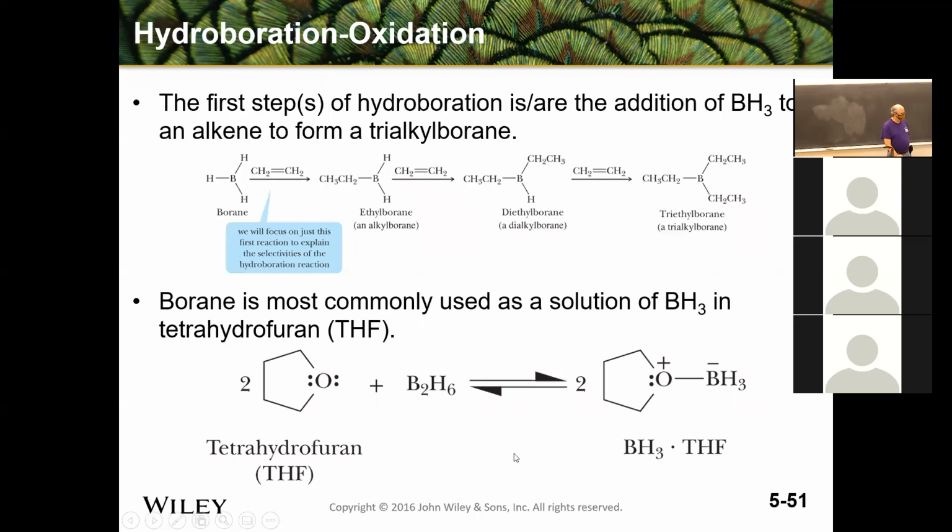But if we stabilize borane with tetrahydrofuran, we form this complex called borane THF. What is the functional group in tetrahydrofuran? We got carbon, oxygen, carbon. What is that? Okay, someone on Zoom, speak up.